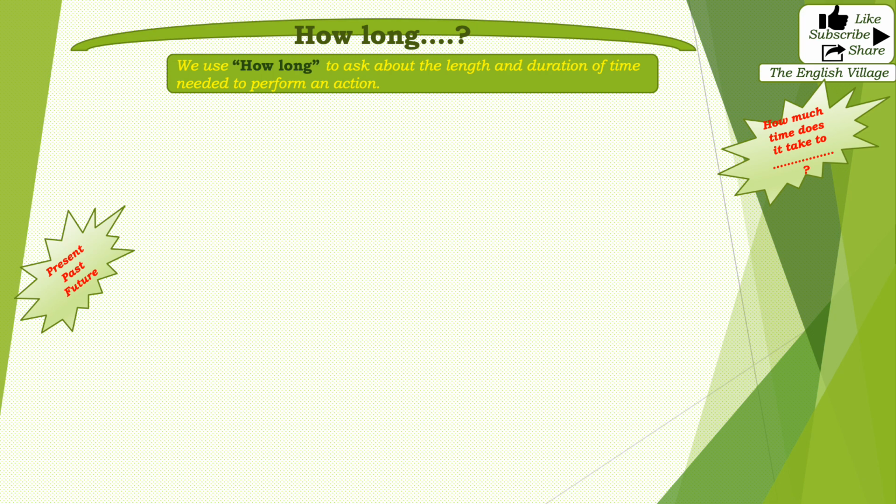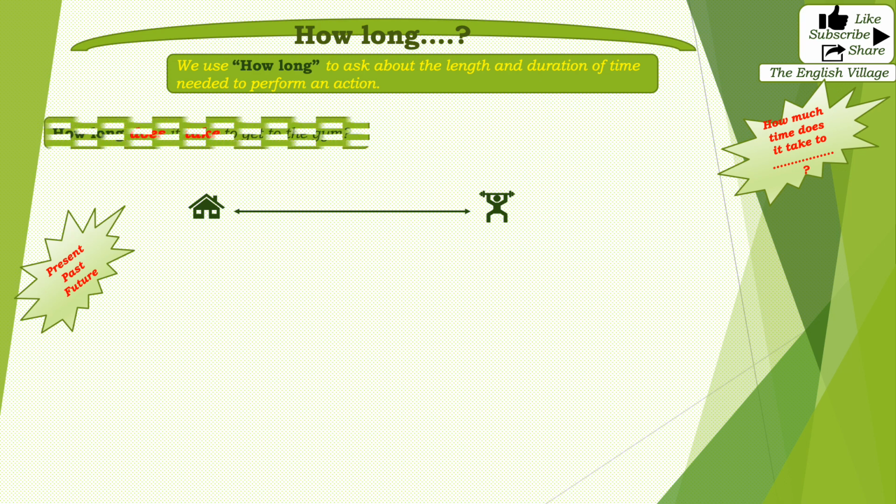So this question, how long, can be used with present tenses, past tenses, and future tenses. Let's see some examples. Before I show you the examples, we have to ask the duration, the length of time between 2 points.